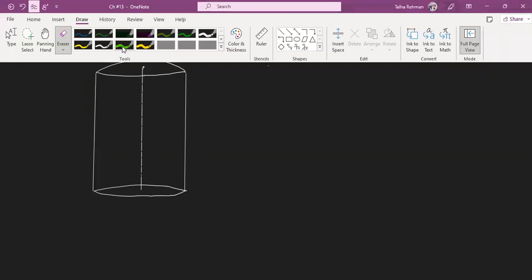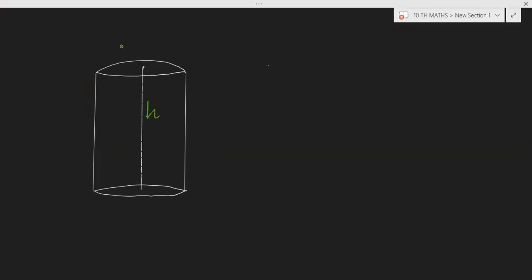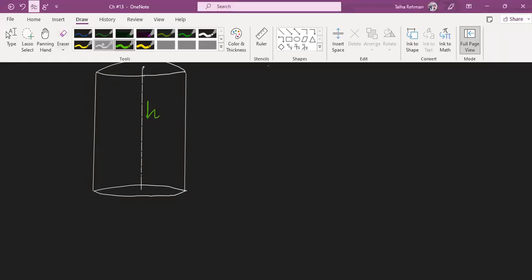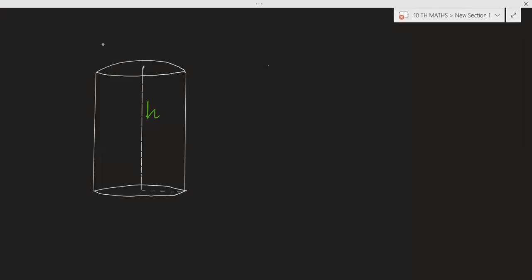So this is a right circular cylinder having the height h and having the radius r. Right circular cylinder. Figure number 4.